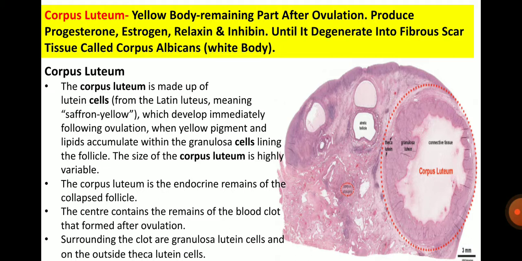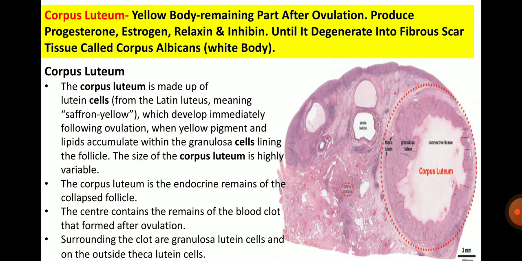Fine. So this is yet another view of the cortical region of the ovary, showing the presence of the corpus luteum. This corpus luteum is formed under the influence of a hormone called LH, luteinizing hormone. It is made up of lutein cells. In Latin, the word luteus means saffron, that is yellow.